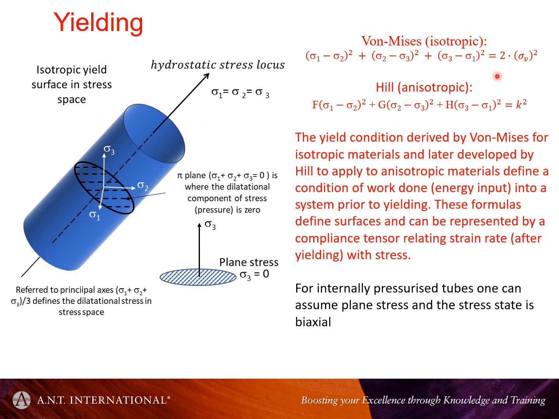When we deal with zirconium alloys, the material is anisotropic, so von Mises doesn't work. For that, we move on to what's called the Hill anisotropic condition, in which Hill devised another relationship, very similar to von Mises, but with parameters F, G, and H, which, depending on the choice of the magnitude of each one, dictate the anisotropy that you get from yielding in the case of hexagonals.